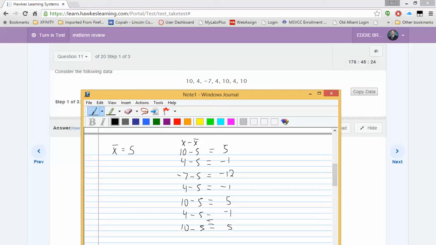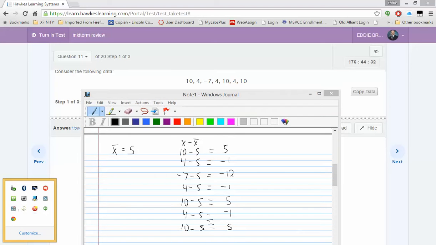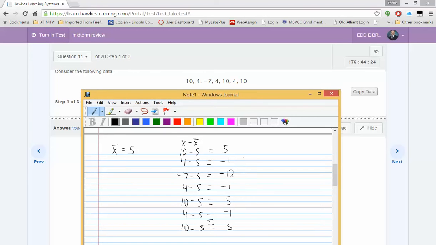Alright, so now we have these deviations. Now the deviation squared, you need to put in another column. So this would be x minus x bar squared.